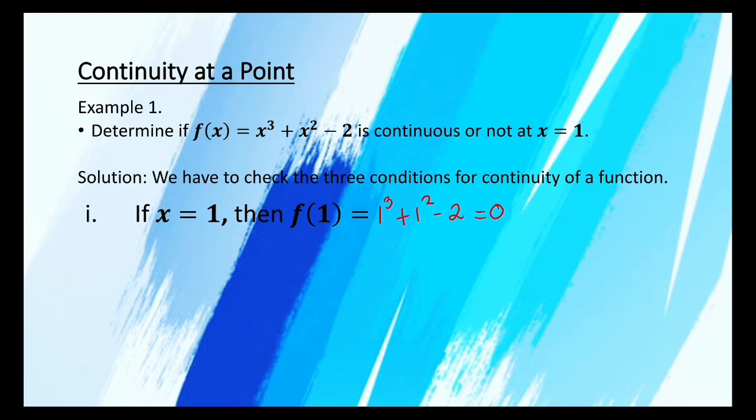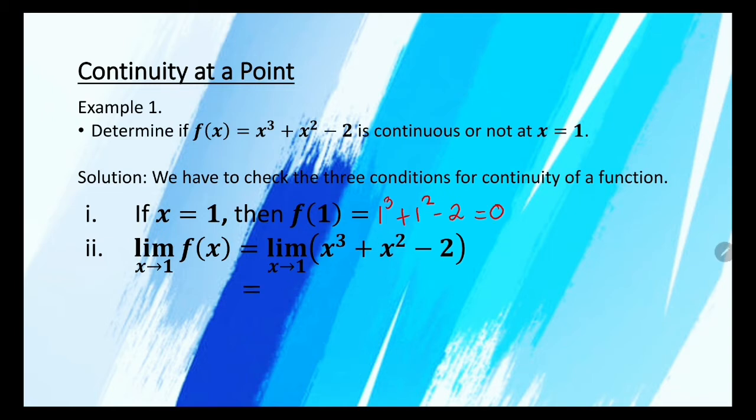Second condition, the limit of our function as x approaches 1. The limit of x cubed plus x squared minus 2 as x approaches 1. From the previous topic on determining the limit, if you can use direct substitution, substitute it. So you have 1 cubed plus 1 squared minus 2, which is 0. That is our limit.